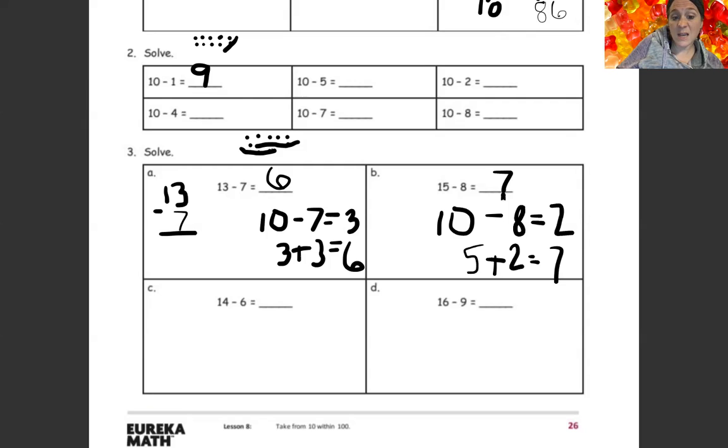We want to take 8 of those away. Hold on, I'm going to stack these over here so they're not in the way. Okay, we're not going to pay attention to these. Ready? Right here is the number 15.